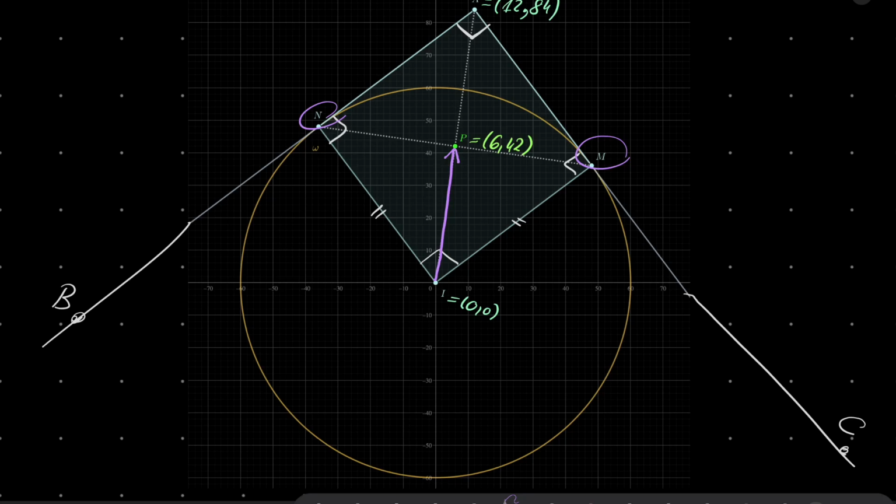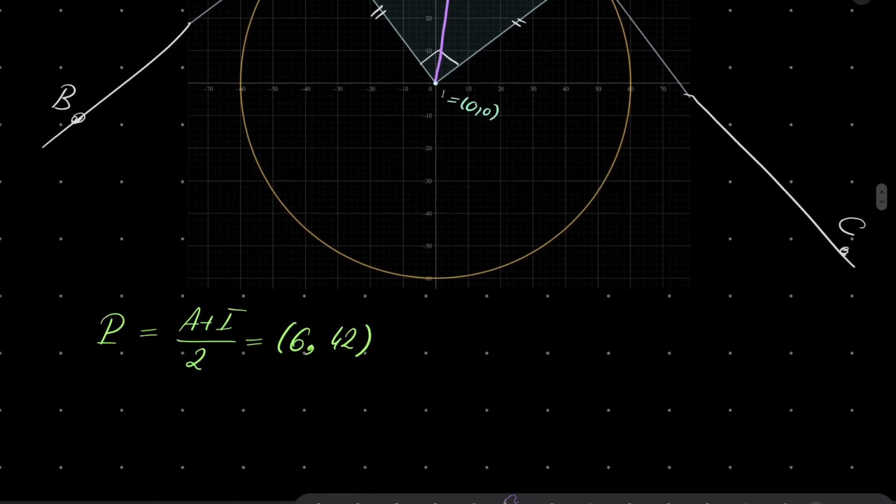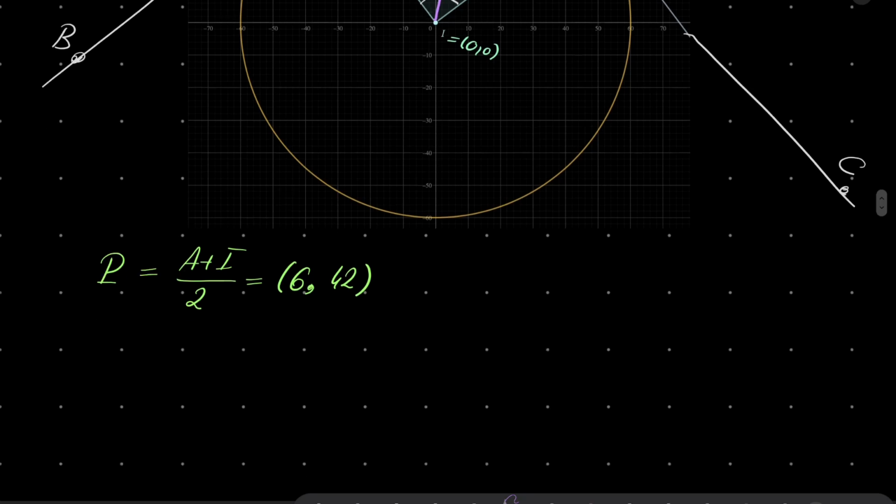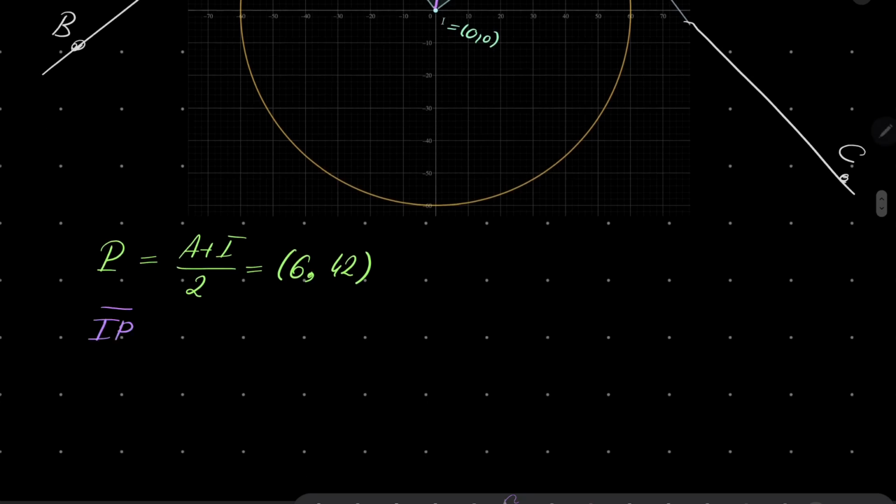So notice that vector IP is also (6, 42). I do not distinguish points and vectors. I will write them both in normal parentheses.